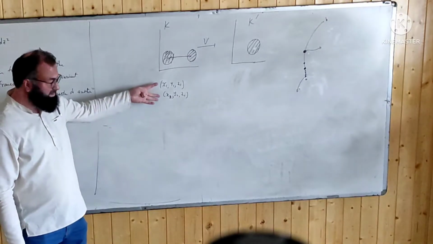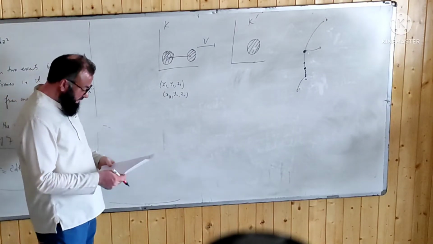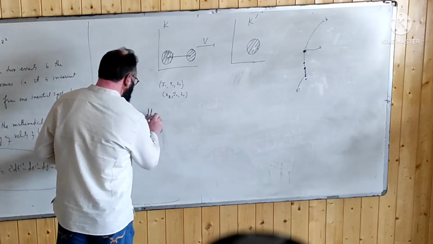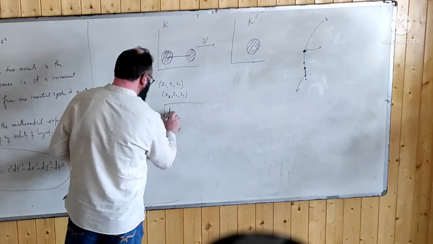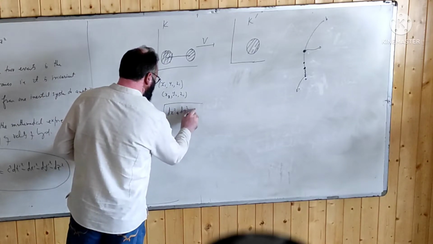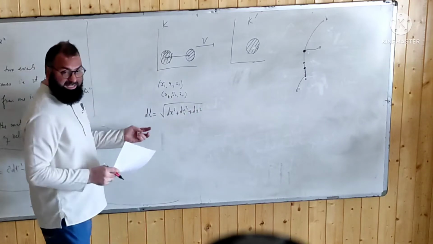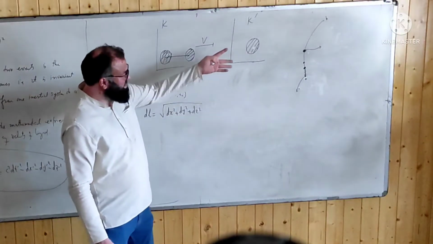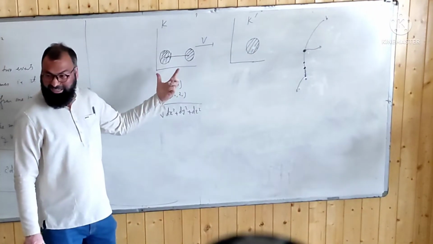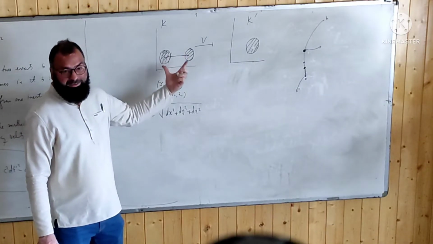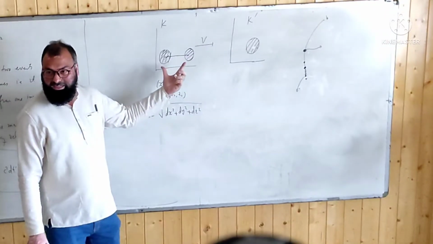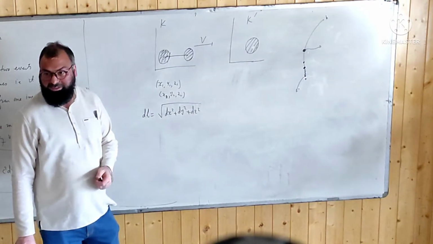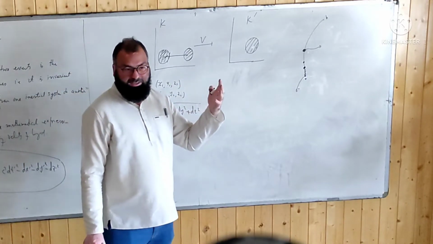It will simply be the square root of the sum of squares of the differences. I will write it like this: the spatial distance dl is dx square plus dy square plus dz square. This is the distance covered by this moving clock, as observed in K frame.